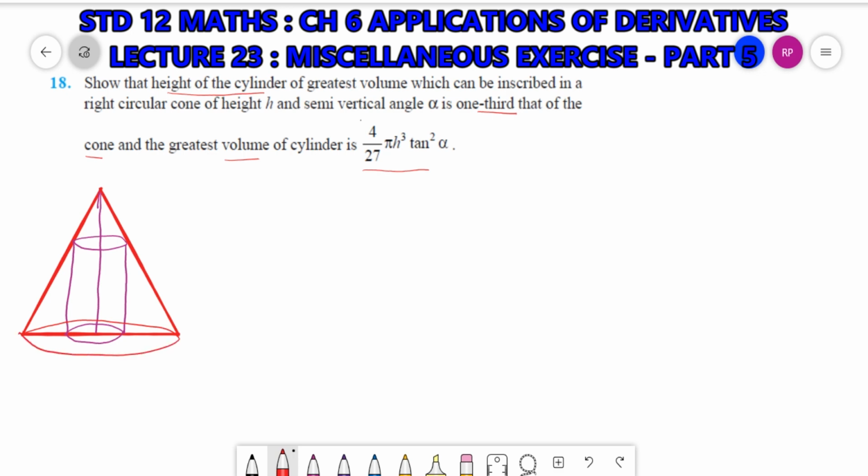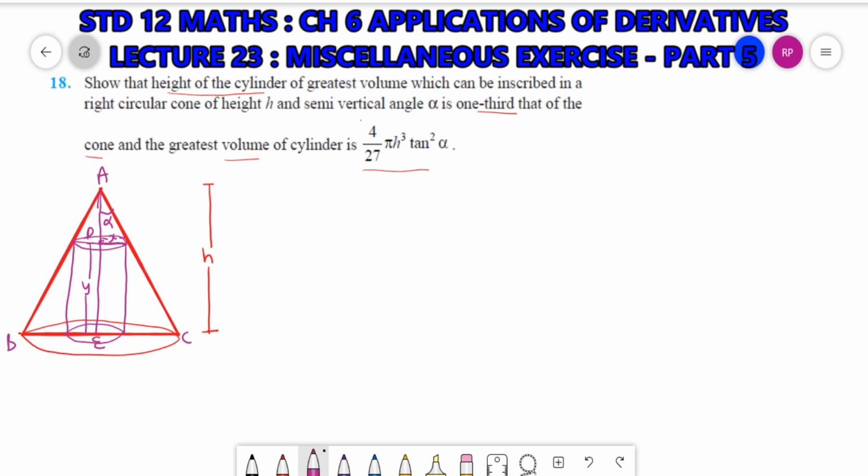The height of the cone, let's take it as h. Let the height of the cylinder be y. The radius of the cylinder, let's take this as x. And this is the angle alpha. Now let's name these points A, B, C, D, E.